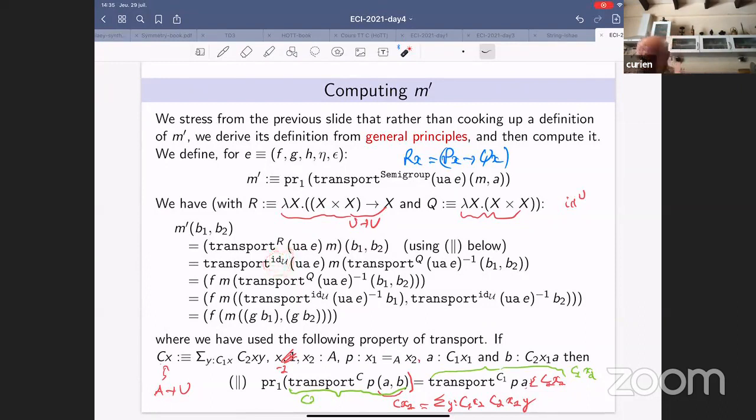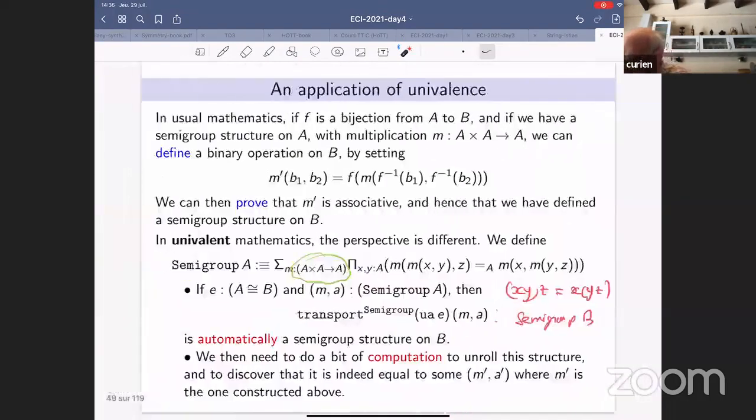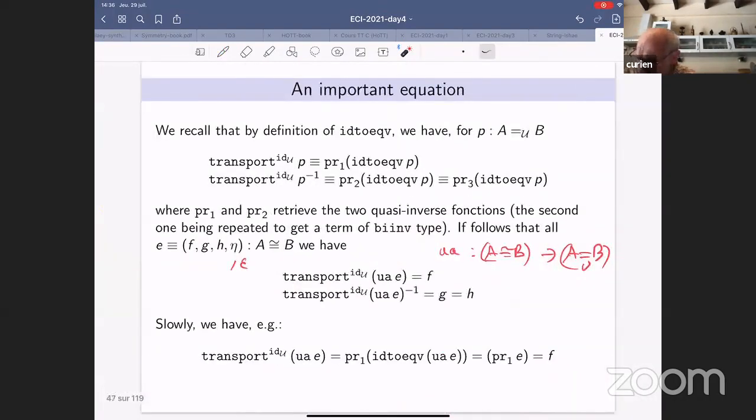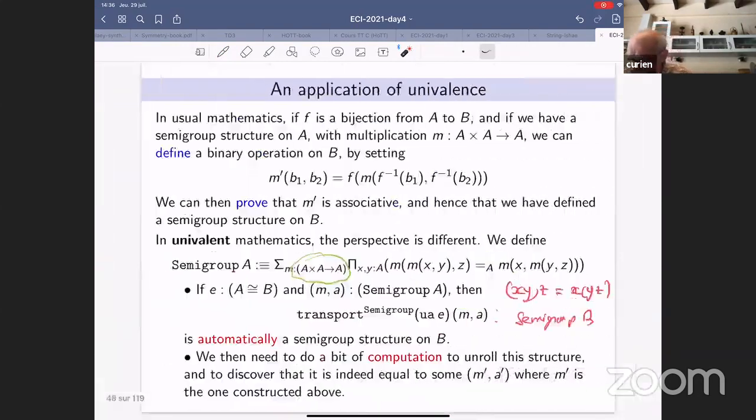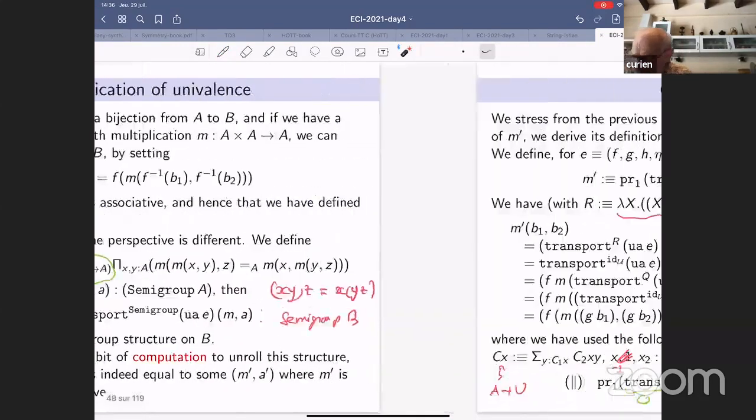Okay, so now we have to remember from the previous slide, or 2 slides before, that transporting ua of something relative to id_U is providing me with the function which is underlying the equivalence E. Okay, so that's good.